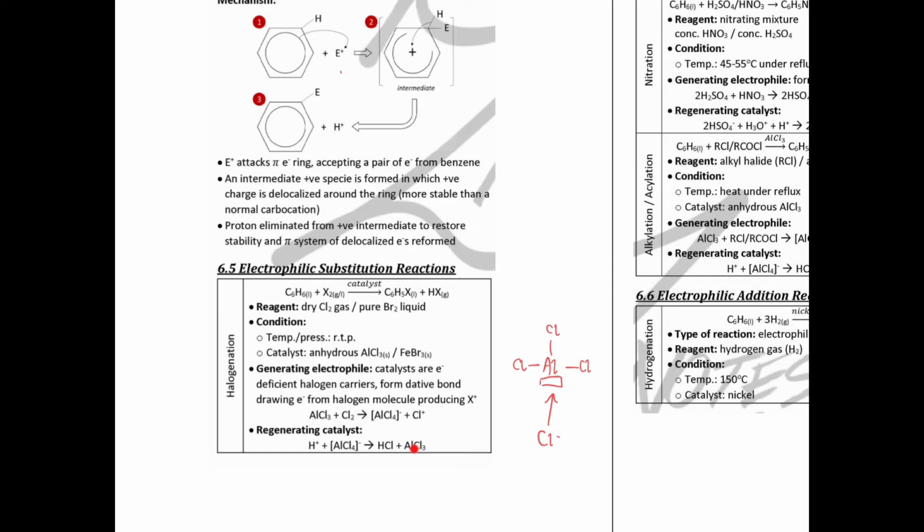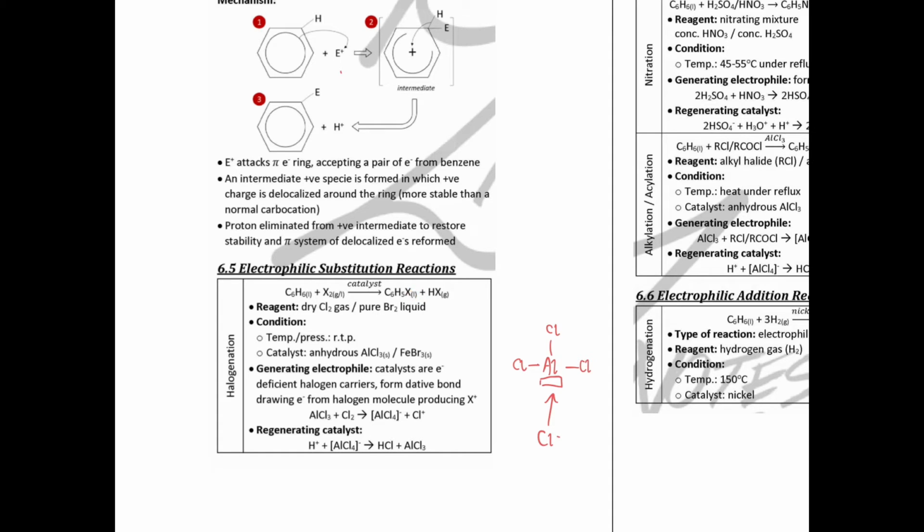So this is where the catalyst comes out again. They form HCl, so that's why you see one of the products, HX, something like HCl. Another product is C6H5Cl, for example.